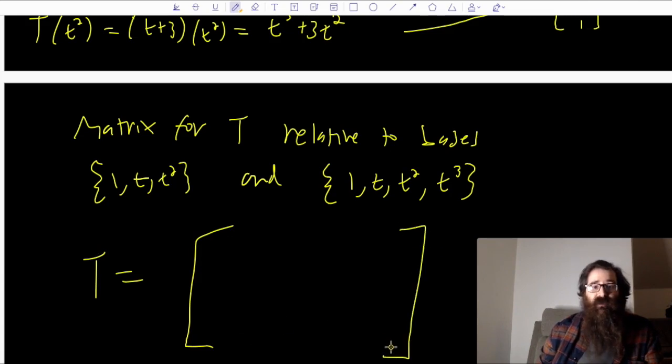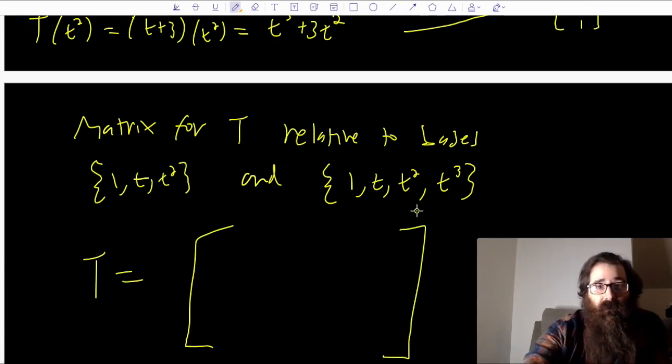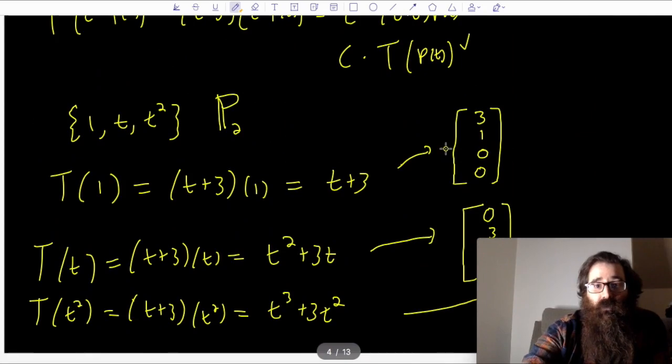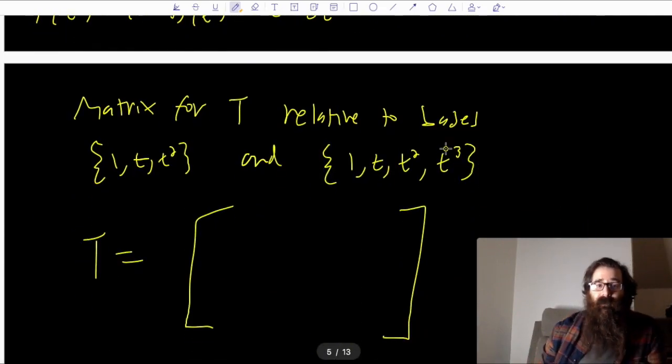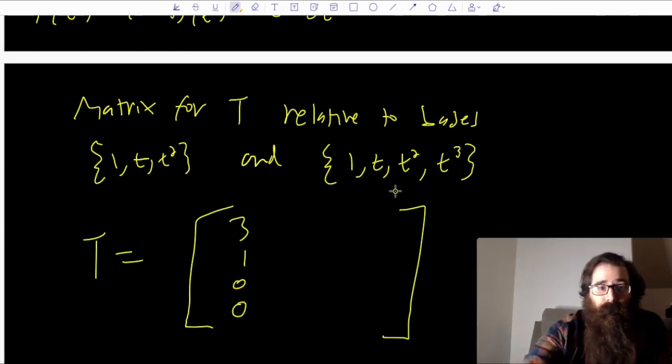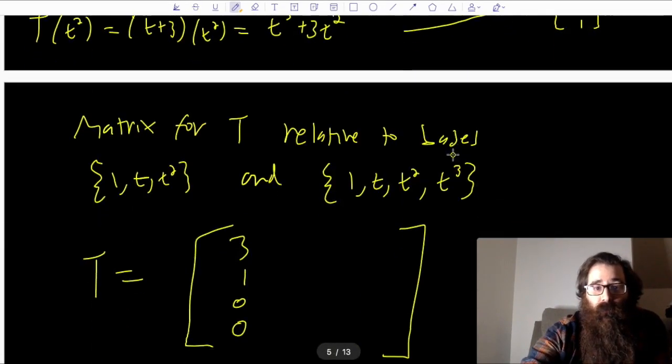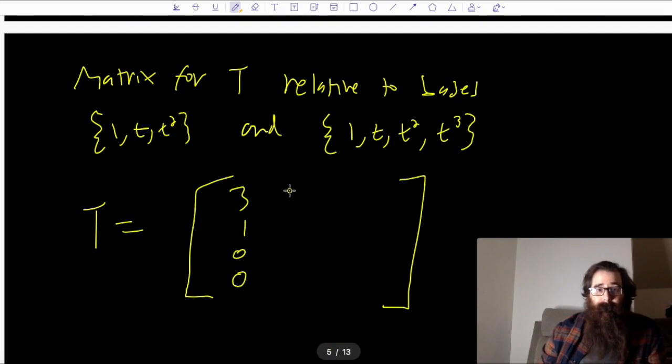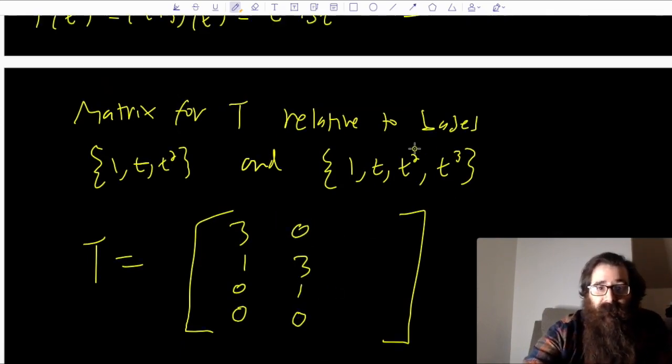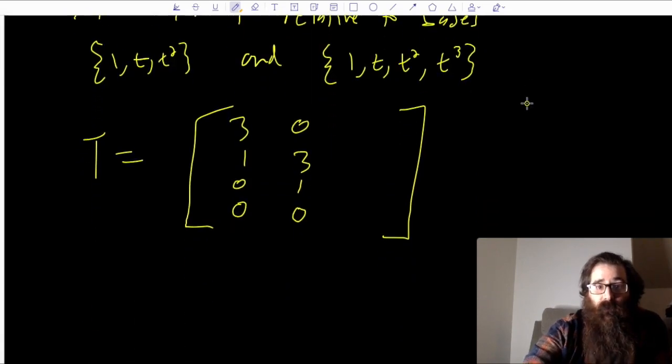I'm just going to use these vectors as columns. So 3, 1, 0, 0 is my first column. My second column is 0, 3, 1, 0. And that last column, 0, 0, 3, 1.